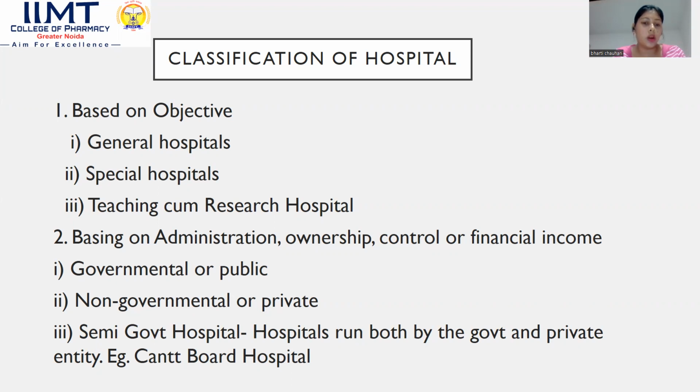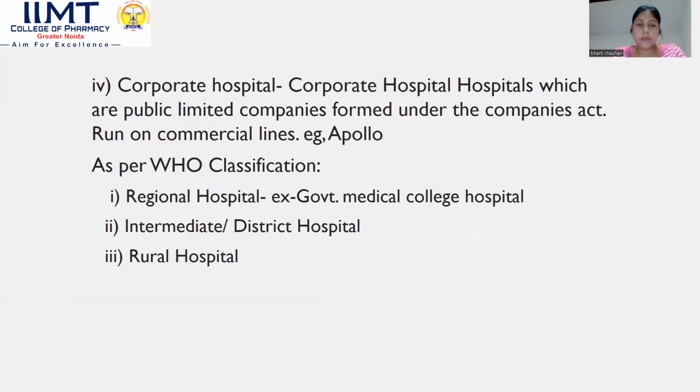Second is the classification based on administration, ownership, control, or financial income, which is government or public. Second, non-government or private. And third is semi-government hospital, which is run by both the government and a private entity. Example, Kent Ford Hospital, which is a basic example of this subtype.